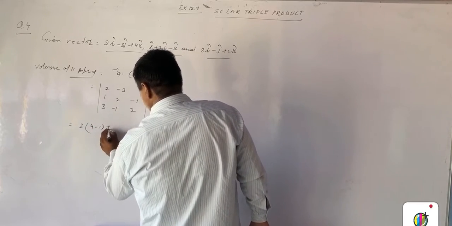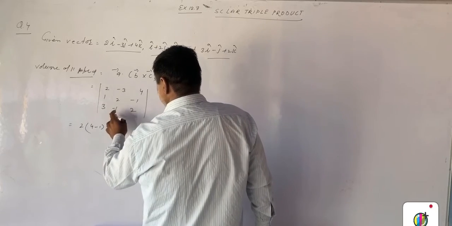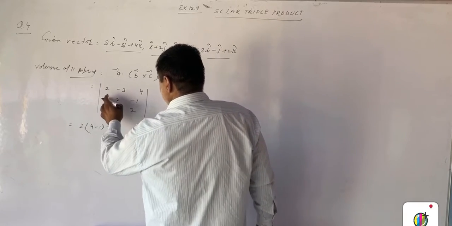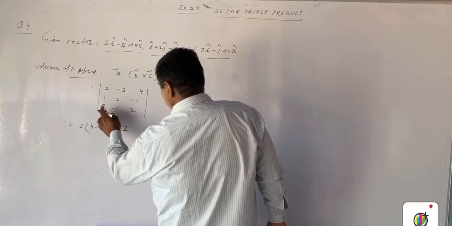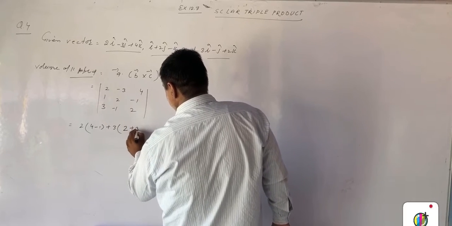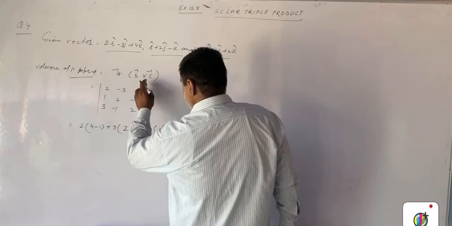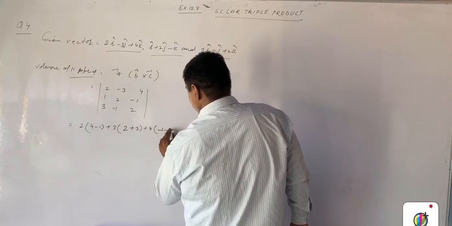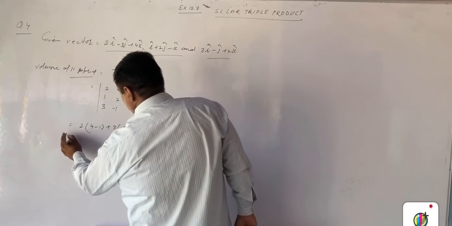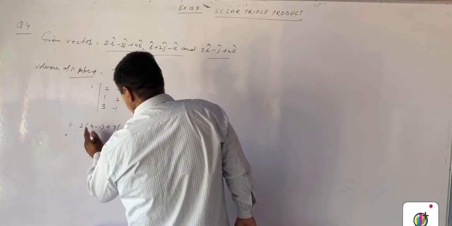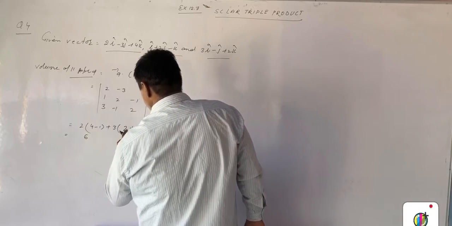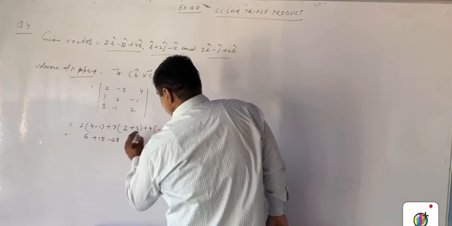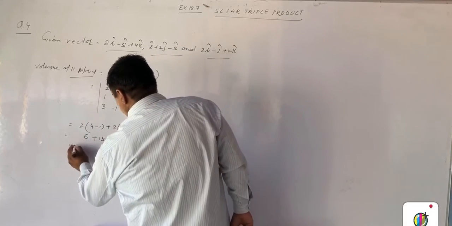This negative becomes positive: 3 into this, and this row cancels. This multiplied by this, 2, this plus 3, plus 4 into this multiplied, we get -1 and -6. Now we solve this. 4 minus 1, 3, 3 multiplied by 2, 6, 2 plus 3, 5, 8. So we get -7.